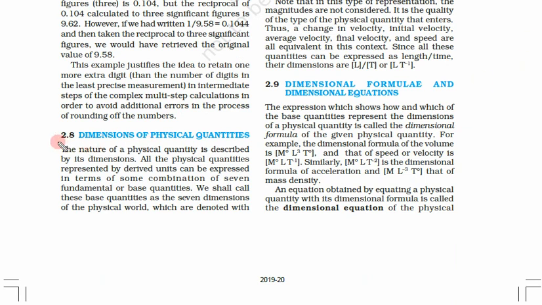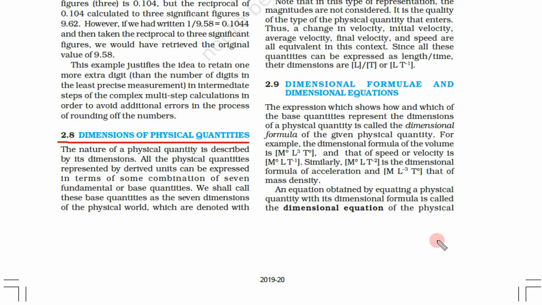Now let us come to a new concept, the concept of dimensions of a physical quantity. Till now you know three dimensions. These are the x, y, z dimensions. This is x, this is y, this is z. We know about these dimensions, but this figure is not very accurate. Let us make it much more accurate.